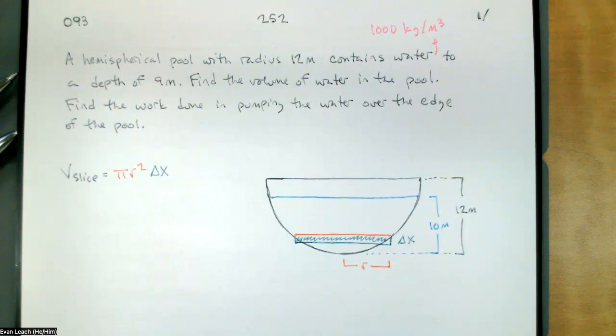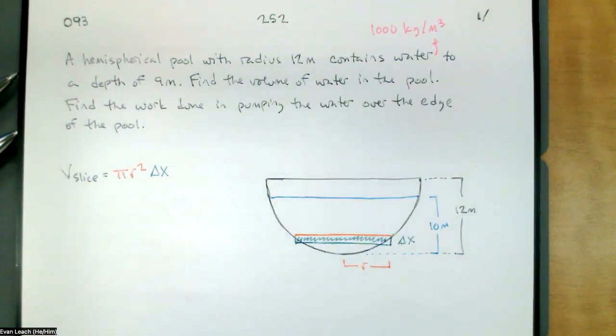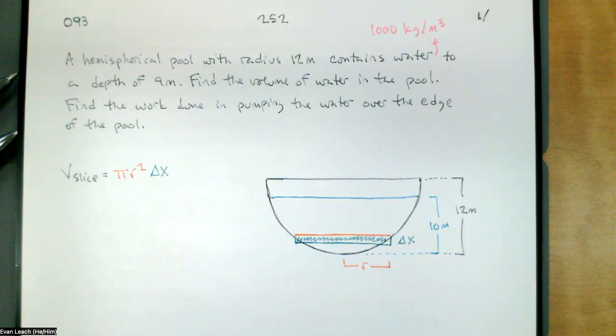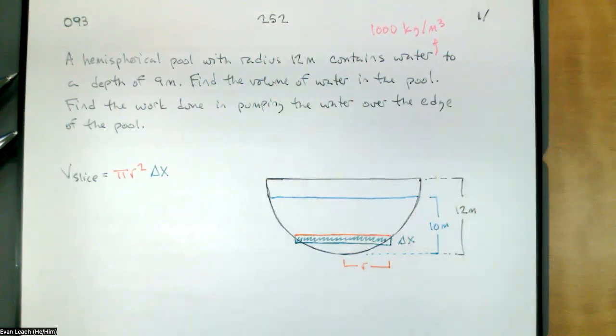That top surface of the water only goes 2 meters, whereas this bottom slice down here has to go a full 12 meters. So one of the variables that's going to show up in our calculation is the distance. We're going to write work is equal to force times distance. And that distance is going to be variable because up here, 2 meters, down here, 12 meters. So distance is variable.